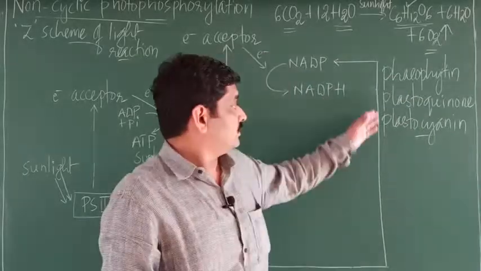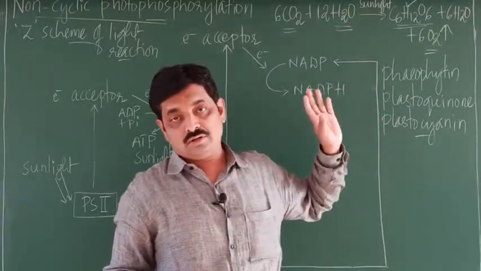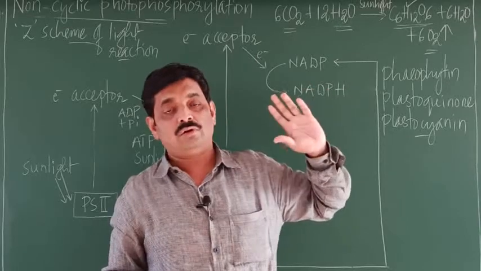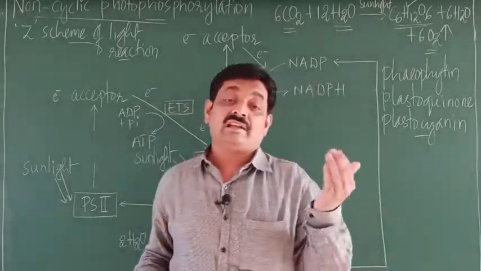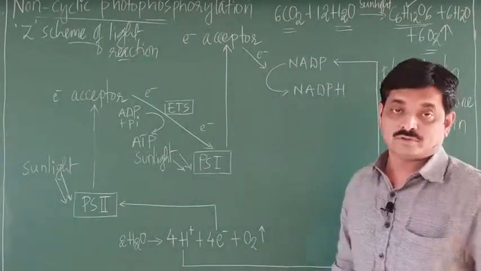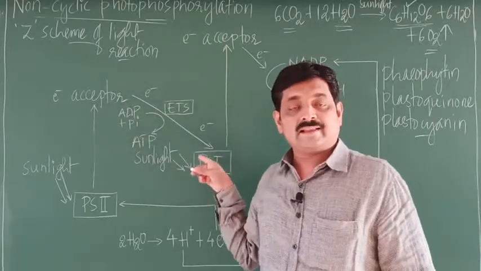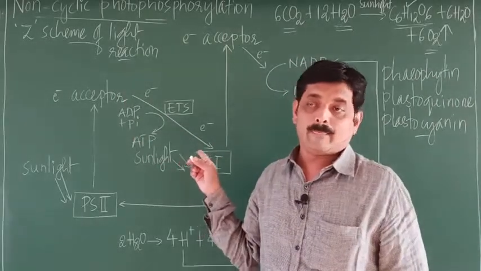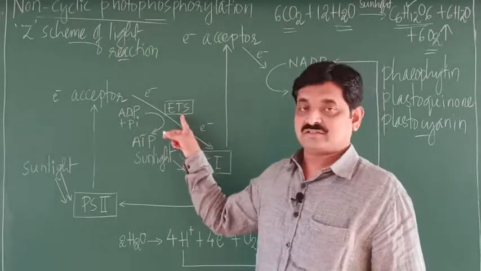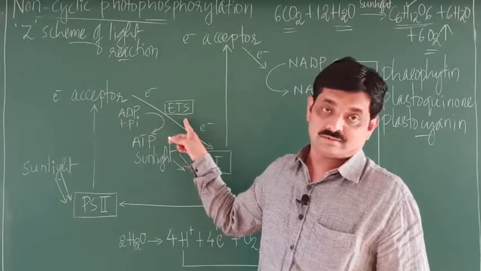These are a few examples of electron carriers which carry the electrons from one photosystem to another photosystem. We have not shown the electron carriers here, right? They are represented in the system called the electron transport system.